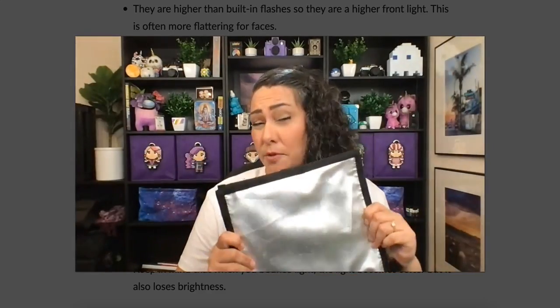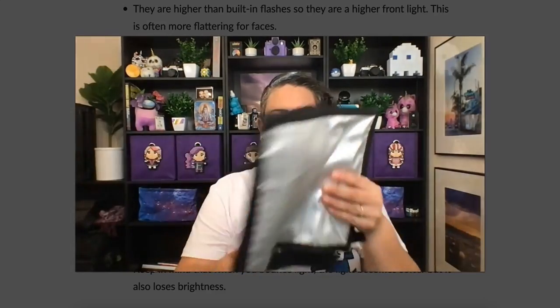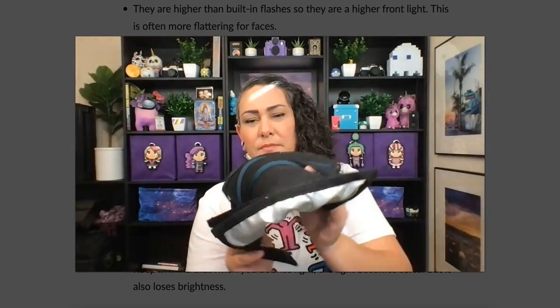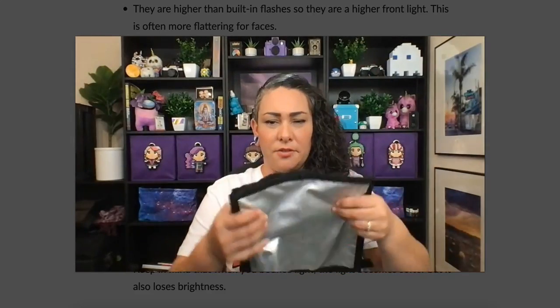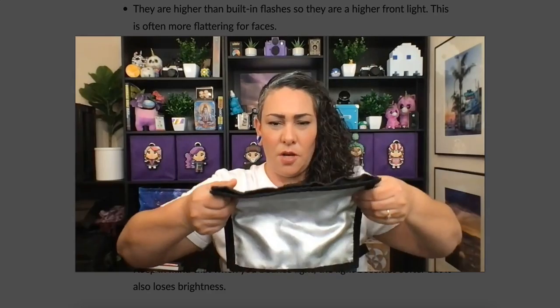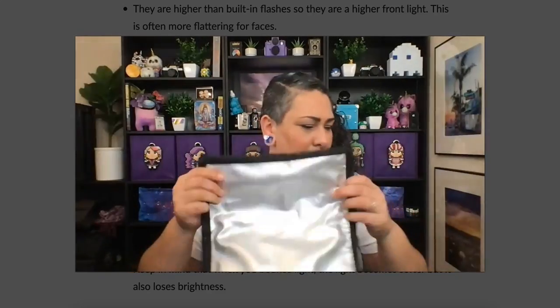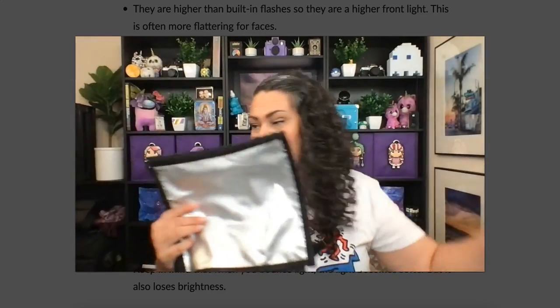And now I have a silver reflector, which gives a whole different look. These are kind of sweet too because you can bend them. You can shape the light a little bit more. So if you wanted to create a little cone type of thing or more of a bounce reflection, you can totally do that. It can be a lot of fun to play with.